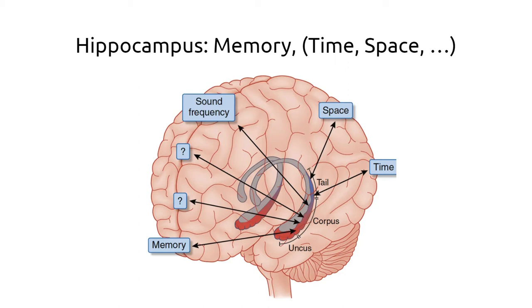It seems to also be heavily involved, like there are strong connections with the amygdala, so that the emotional salience of memories seems to be very involved. There also is a heavy emphasis on representing space. There's a whole bunch of structures in the hippocampus that are very carefully encoding your position in space, and neurons that change in a very regular way as you move around positions in space.